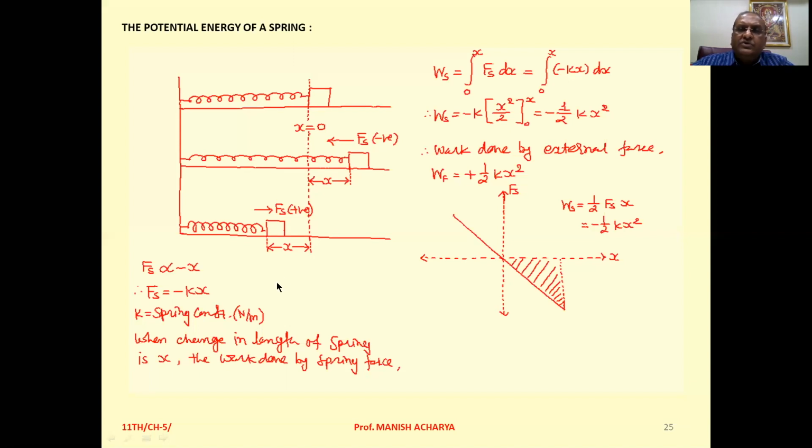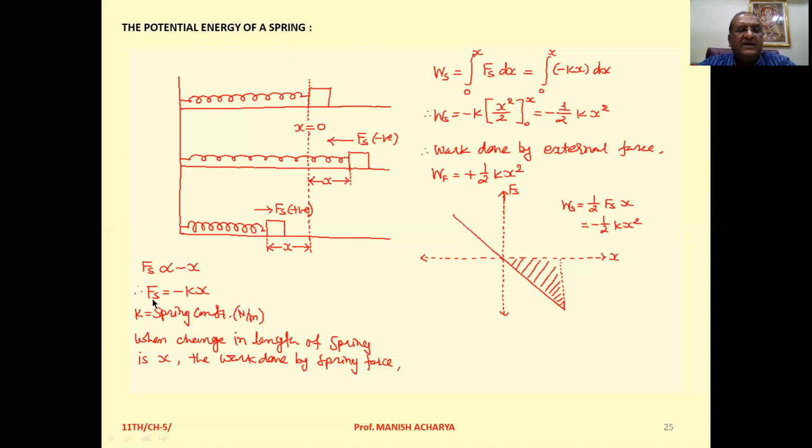So we can observe this thing as well as experiments show this thing. The spring force is directly proportional to the displacement and is in the opposite direction of displacement. So we can write spring force proportional to minus x. Here we introduce one proportionality constant k.